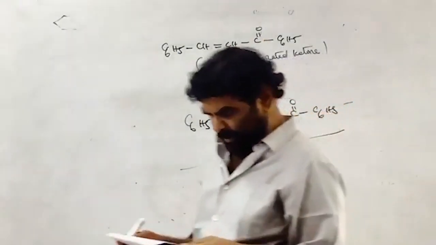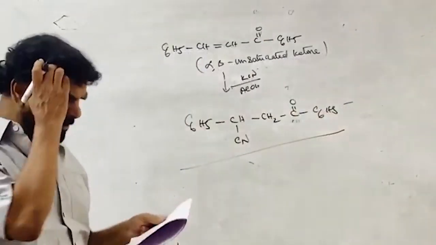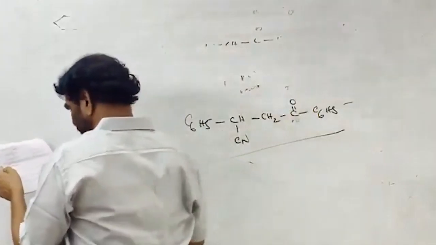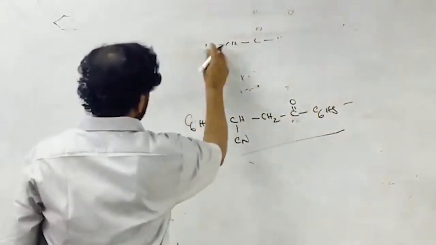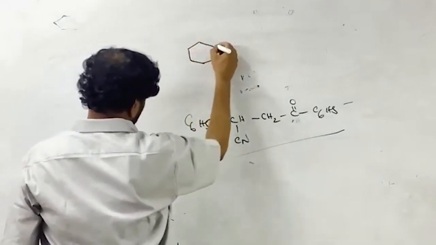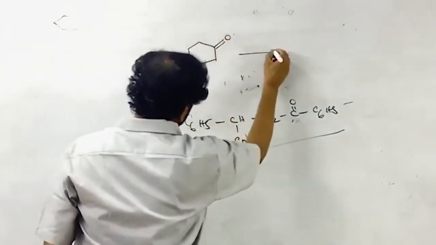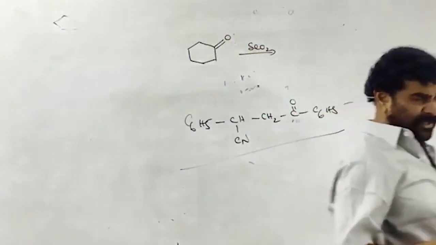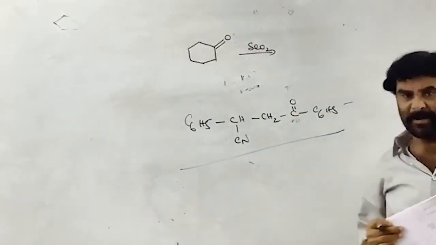And the next one is selenium dioxide, normally used as an oxidizing agent. Here in this question, the cyclohexanone is treated with selenium dioxide. There are several properties for selenium dioxide.